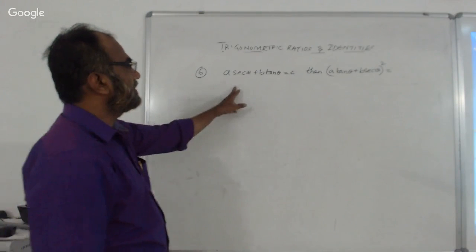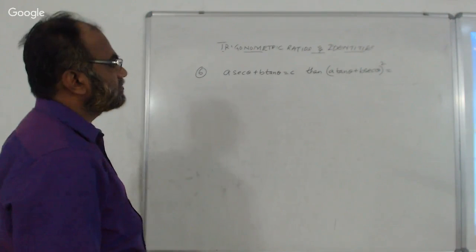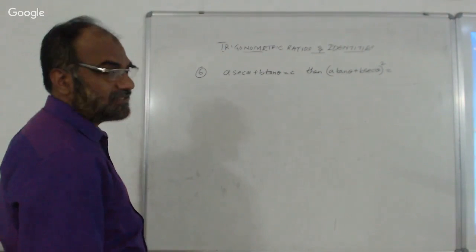A secant theta plus B tan theta is given as C. Our question is what is A tan theta plus B secant theta whole square?